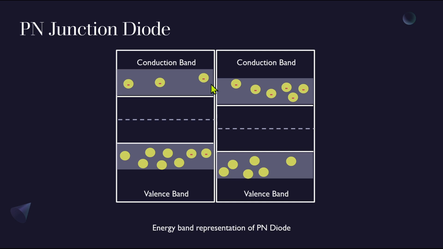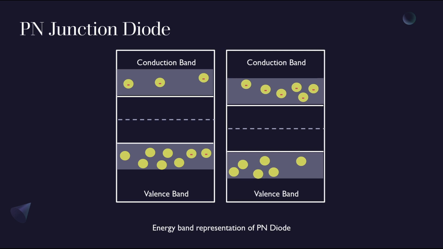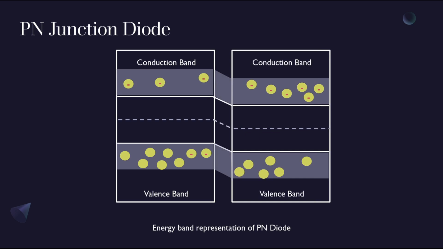As we have seen, the electrons are moving from the conduction band of the N type to the P type, and at the same time the depletion layer also starts forming, which will get created in this format. Slowly, as the electrons are moving and the holes are accepting the electrons, positive and negative charges are getting developed at the boundary.